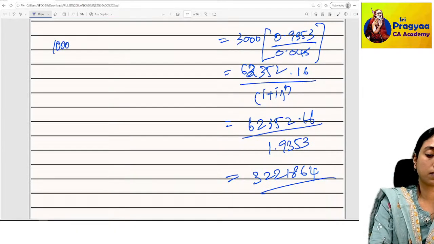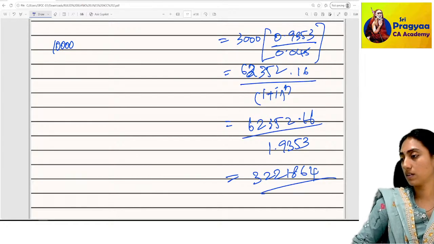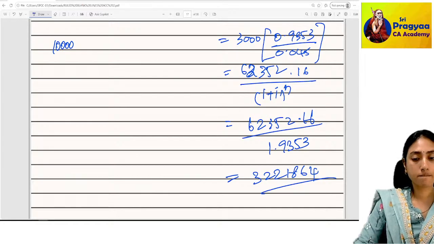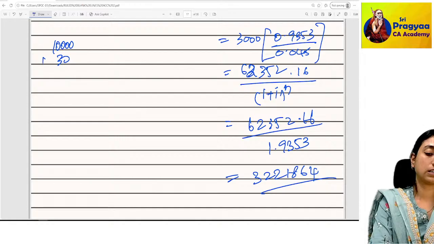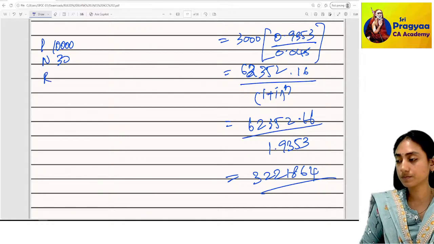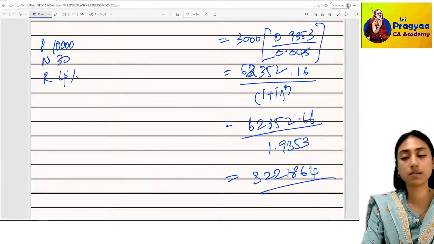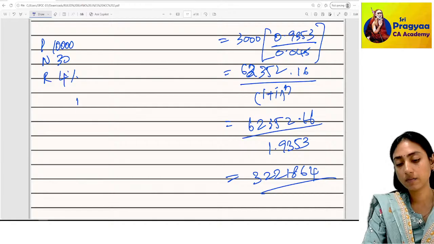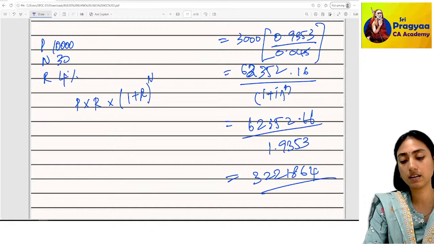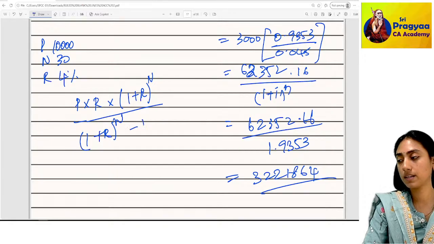Given 10,000, 30 is N, R is 4%. So how will I calculate EMI? It will be P into R into 1 plus R power N, the whole divided by 1 plus R raised to the power of N minus 1.